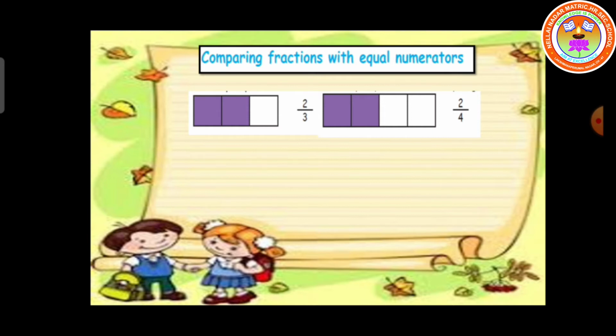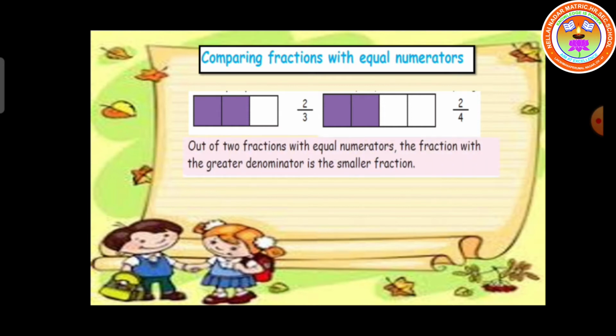How to compare it? Let's see. Here, in the first strip, there are 3 parts. 2 parts are shaded. In the second strip, there are 4 parts. Out of these 4 parts, 2 parts are shaded. So, the first fraction is 2 by 3 and the second is 2 by 4.